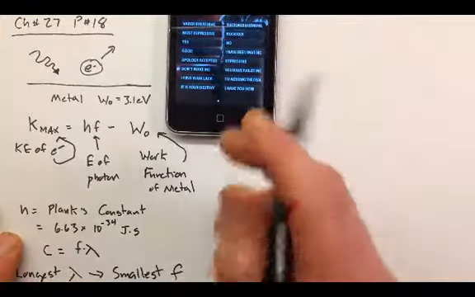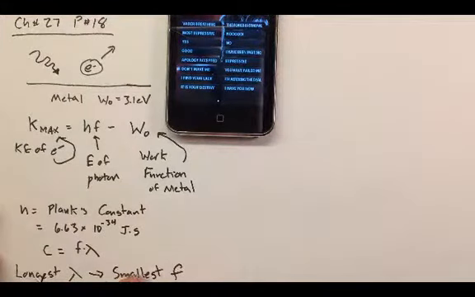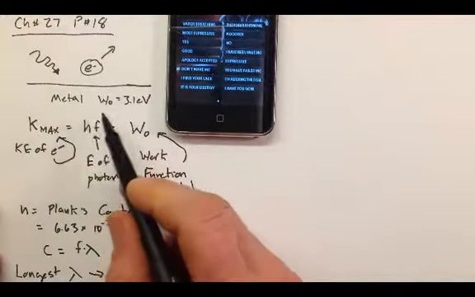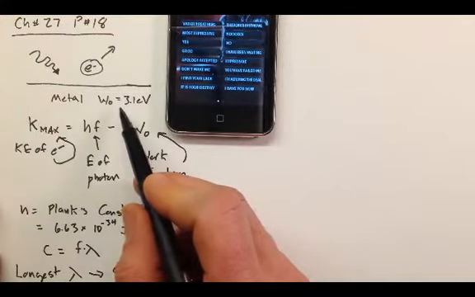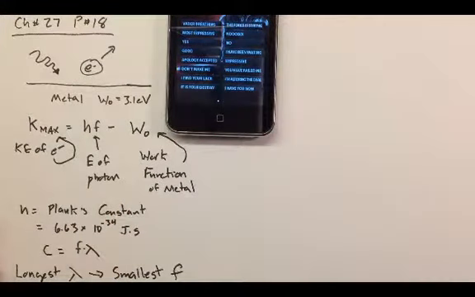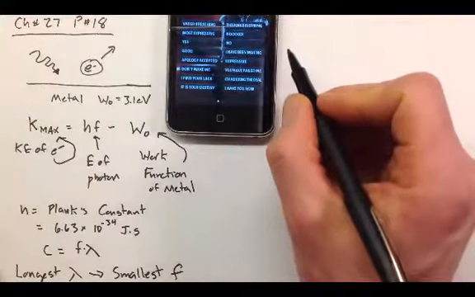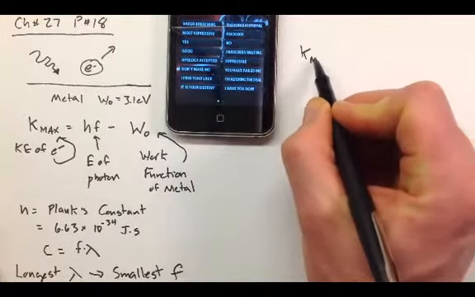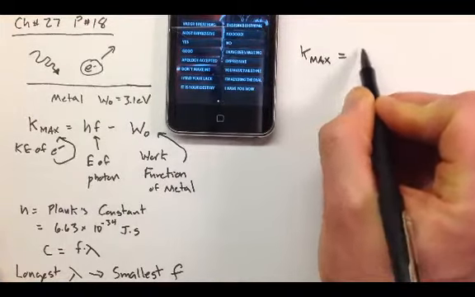Here is what we know from this problem. It wants us to find the longest wavelength that will still eject electrons from this metal that has a work function of 3.1 electron volts. So basically what we want to know is when K max is 0.